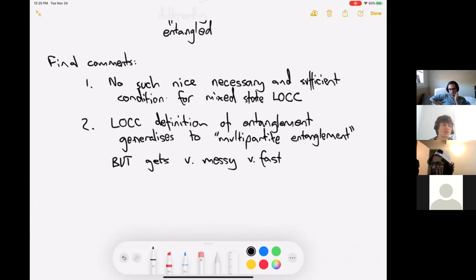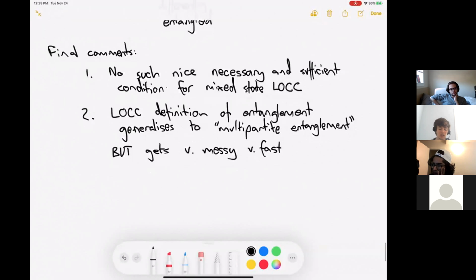It's also just Google LOCC entanglement, and you'll find reviews of this sort of thing. There's a good Michael Nielsen review that goes through all the proofs in detail, about entanglement and majorization for bipartite states. Googling Nielsen should find it for you.